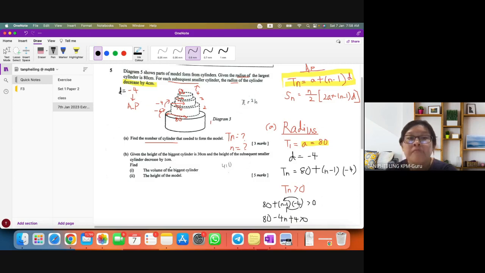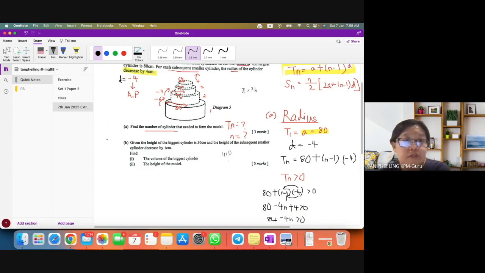All right. So now we move on to 5b. I'm going to solve it in blue so that you will be clearer. 5b asks us, given the height now. Just now we were using radius, and we managed to find out that there's a total of 20 cylindrical models.